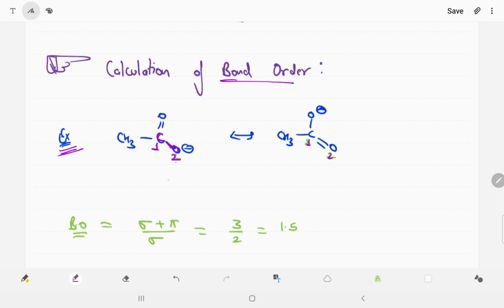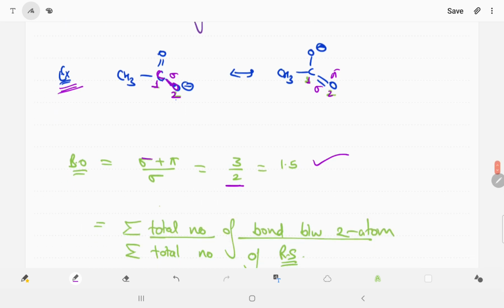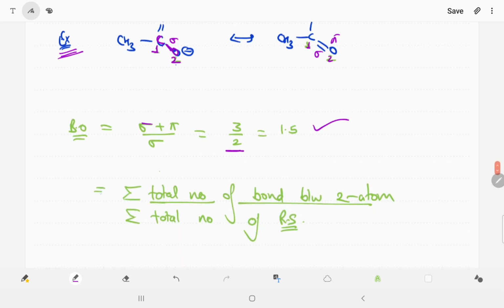Total sigma and pi bonds in the two atoms: this is 1 sigma, this is 1 sigma and 1 pi, so total bonds are 3, and total resonating structures are 2. So the bond order is 1.5. The formula is total number of bonds between the two atoms divided by total number of resonating structures.